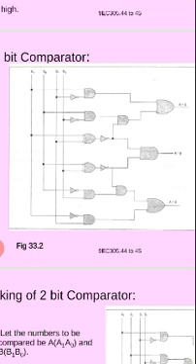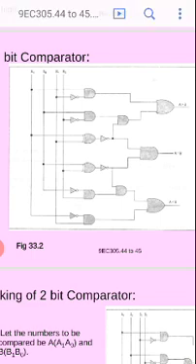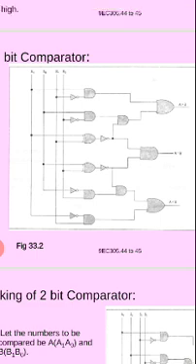Here, for A greater than B output, an OR gate is provided. For A equal to B, an AND gate is provided.